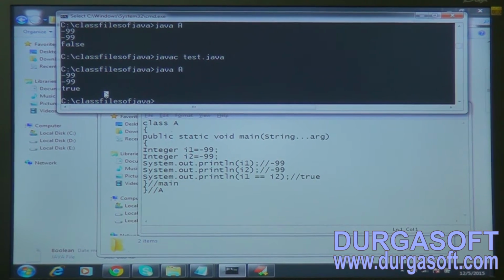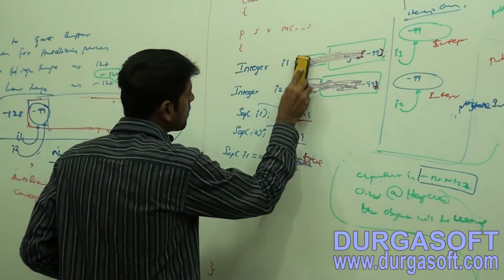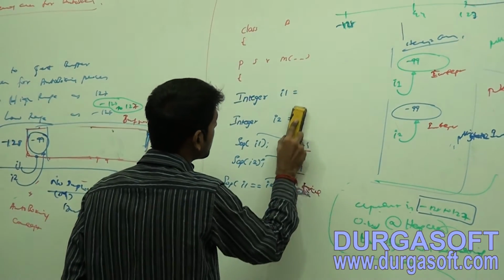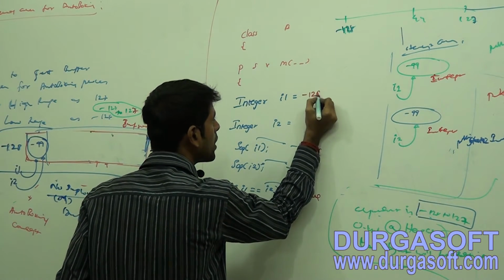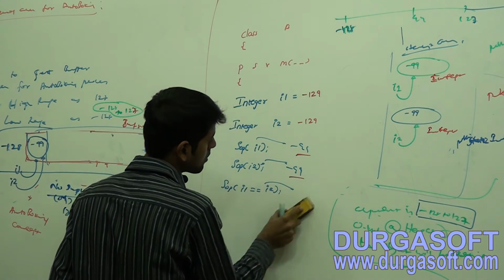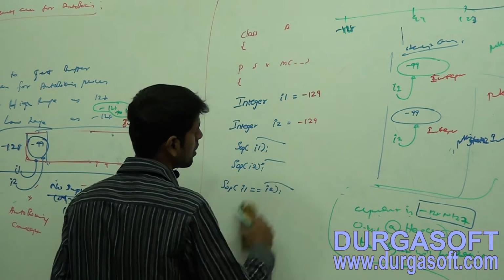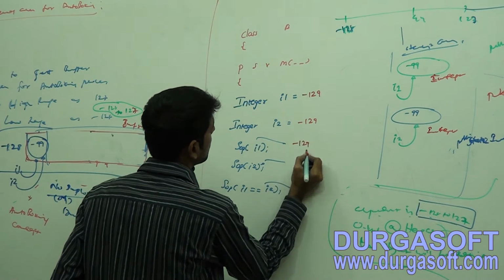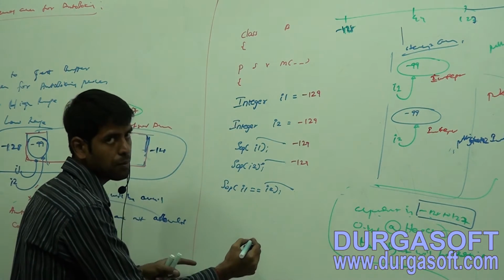Okay, now observe. If I take here minus 129, yes friends, minus 129, then what are the outputs? Minus 129, minus 129, what will be the output here?